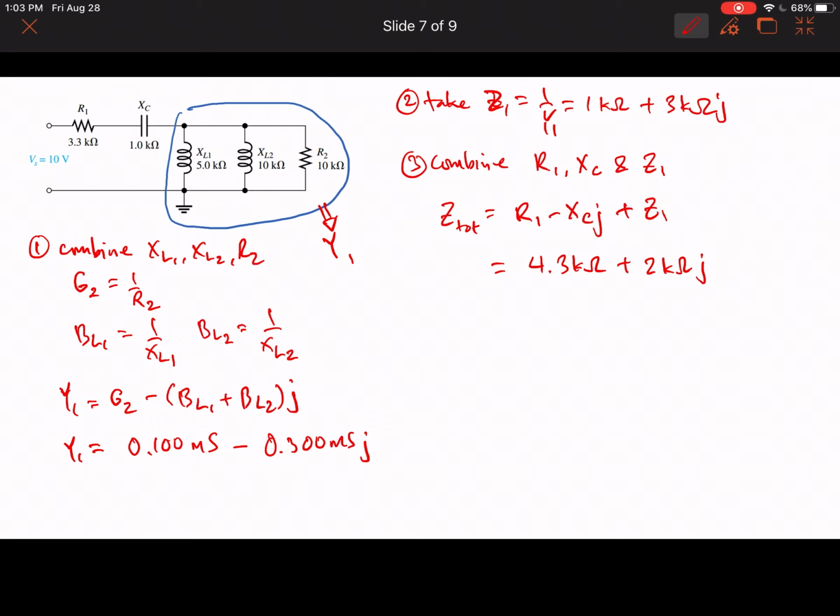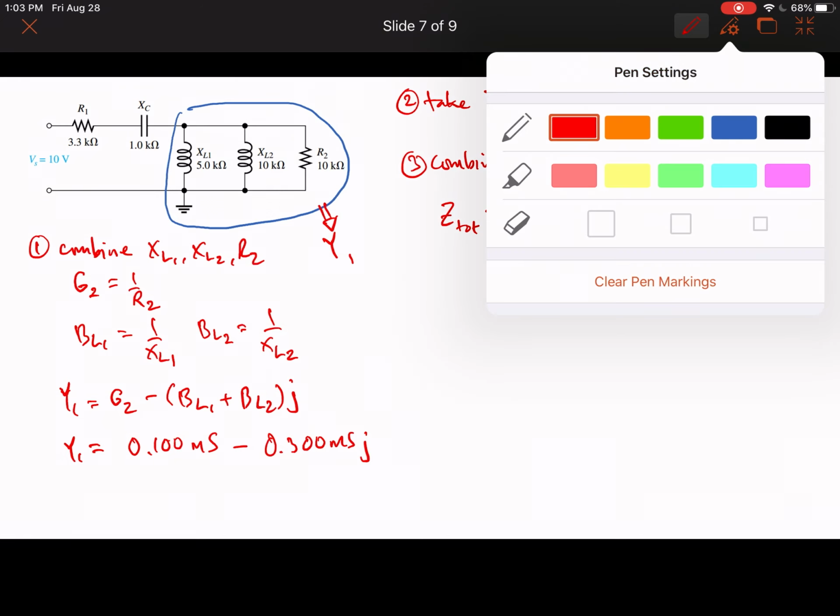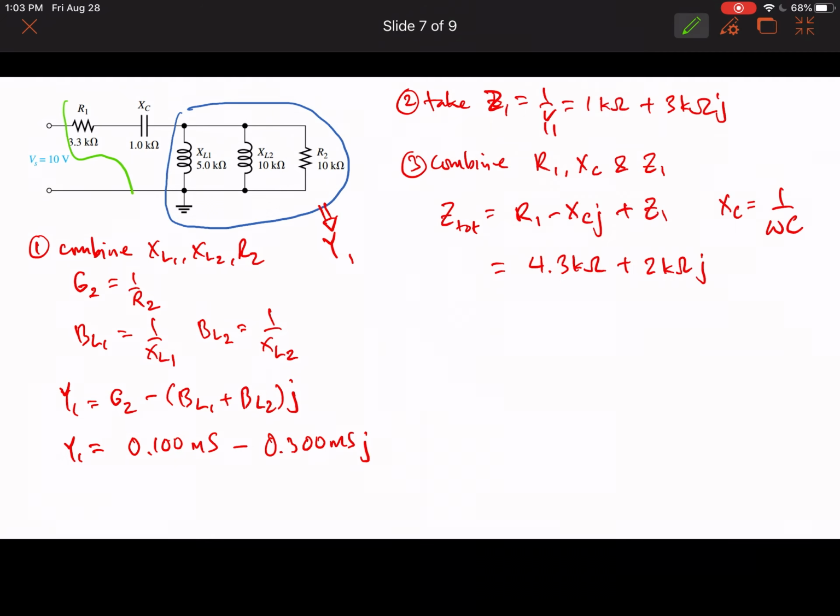Okay, just for completion, we can write it like this: XC is equal to 1 over C. Oh, but we already know XC. Now that we've combined everything, this is now our Z total.